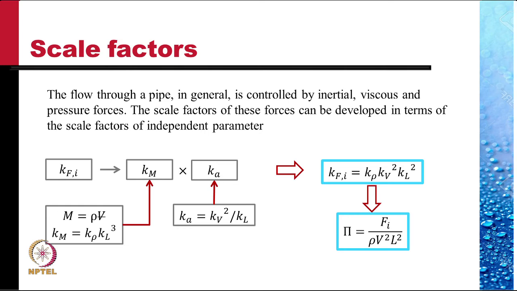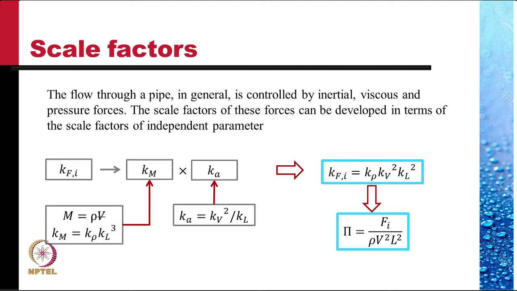We have K_FI for the inertial force, which should be Km times Ka, where m is the mass and a is acceleration. Mass is like rho times volume. So K mass is K rho times KL cube, and Ka, as we have done a number of times earlier, is Kv square by Kl. So this gives us K_FI equal to K rho Kv square Kl square.